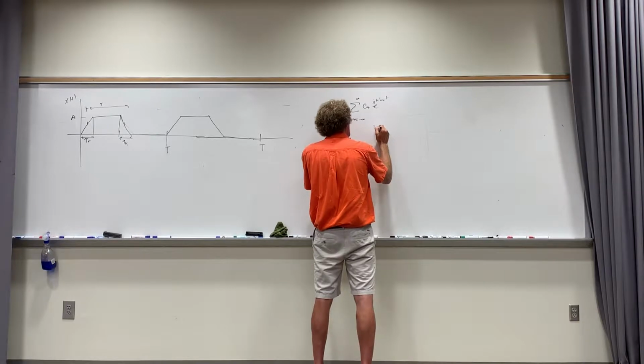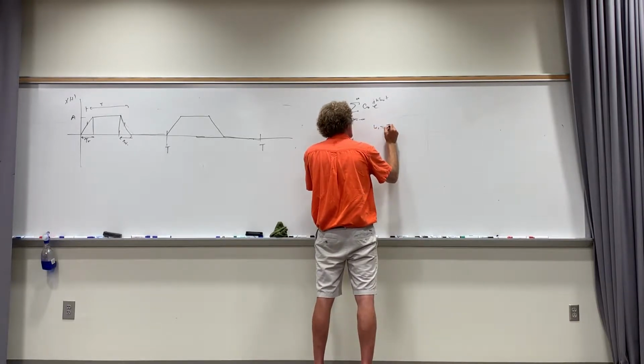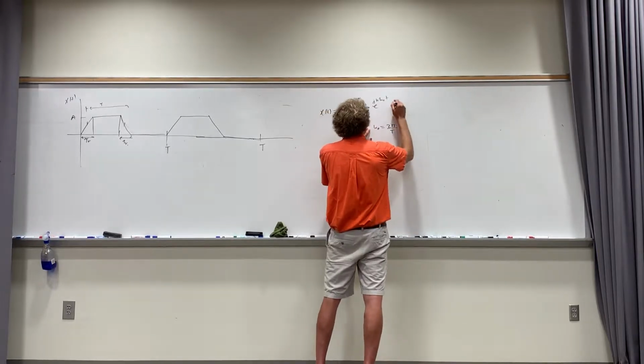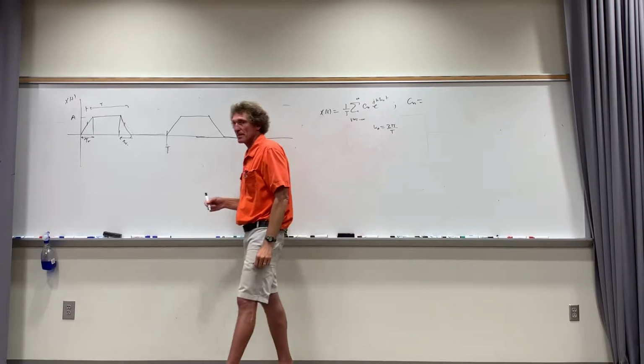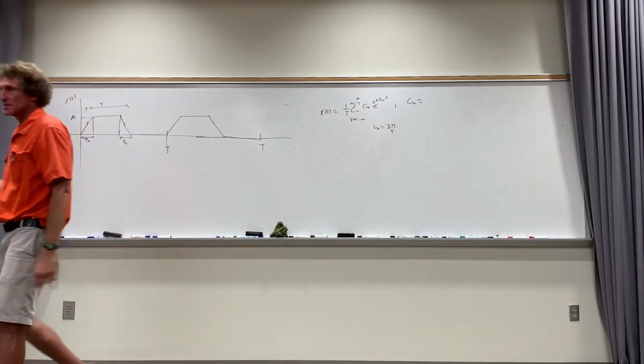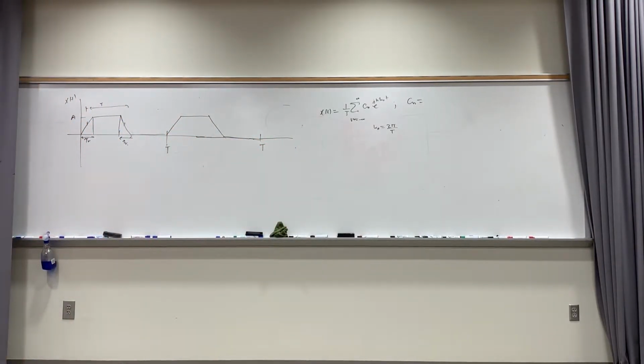And by the way, omega naught here is simply 2 pi over T, in case you don't know. And that value of c of n, do y'all remember how we got it? We did this one 2 lectures ago, I think. What's the secret?